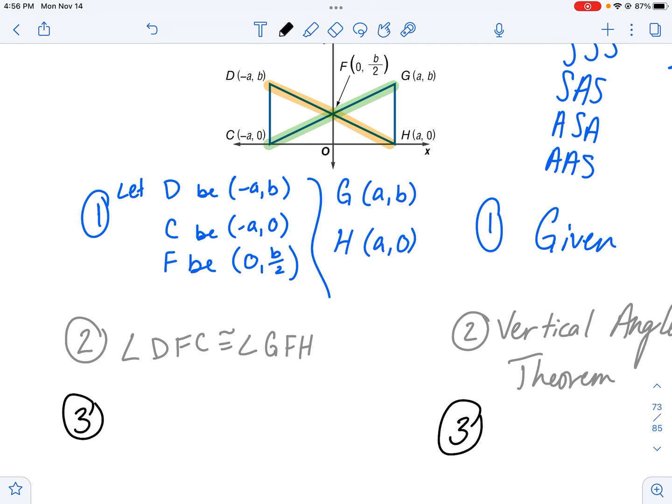If I did the distance formula for DF, I could do the square root of 0 minus negative A, which is like 0 plus A, squared, plus B over 2 minus B, squared.